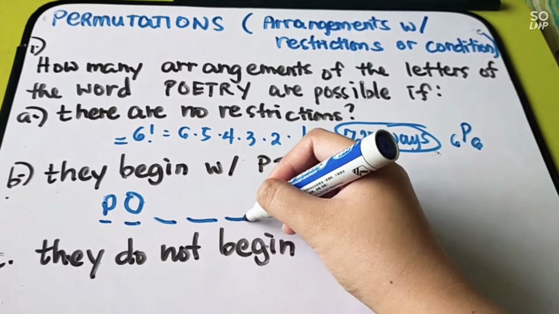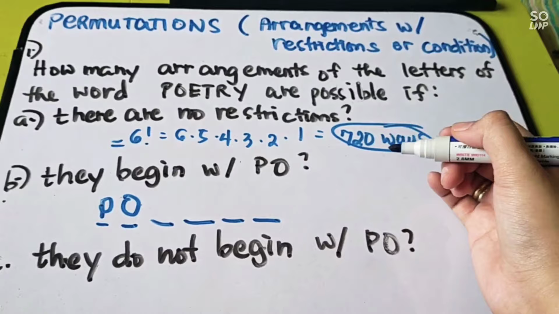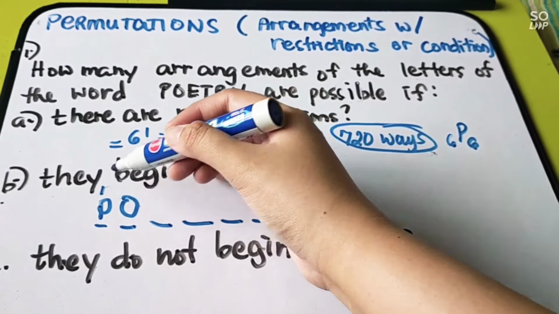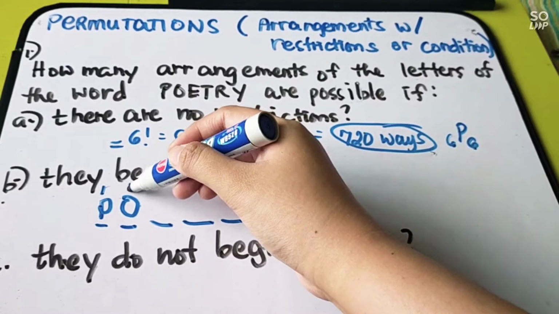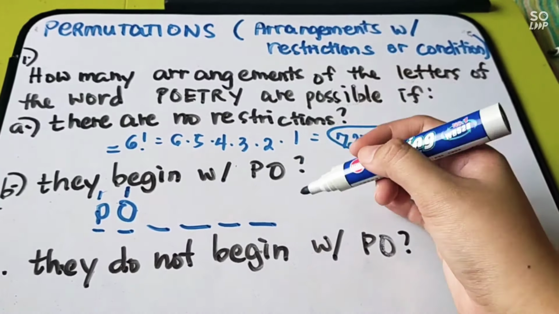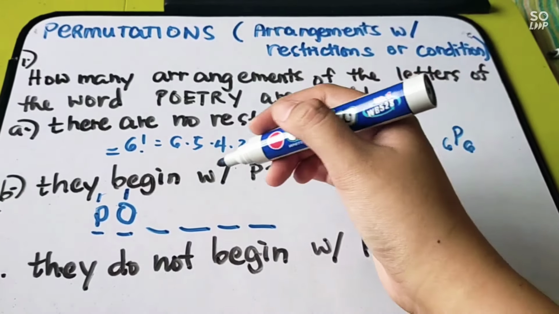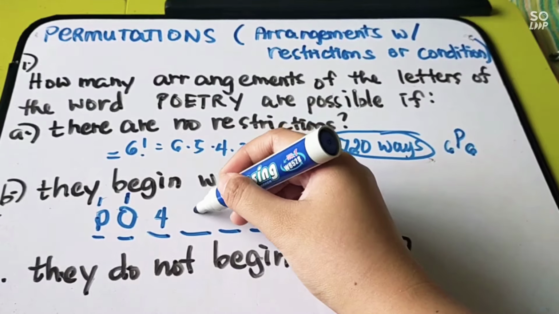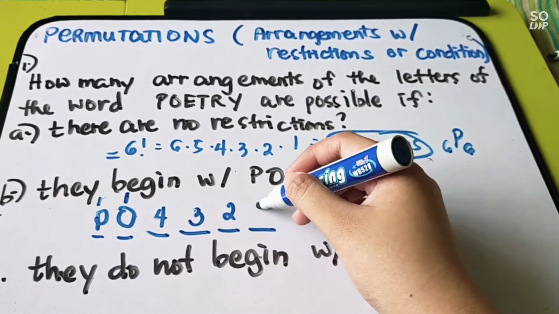Given na to, count na yan as 1, then another count as 1. So, ilang letters na lang yung natira? Apat na lang. So, start ka na dito, which is 4, then times 3, times 2, times 1.